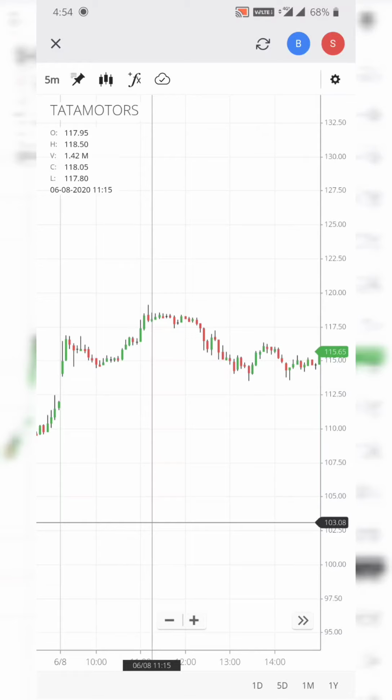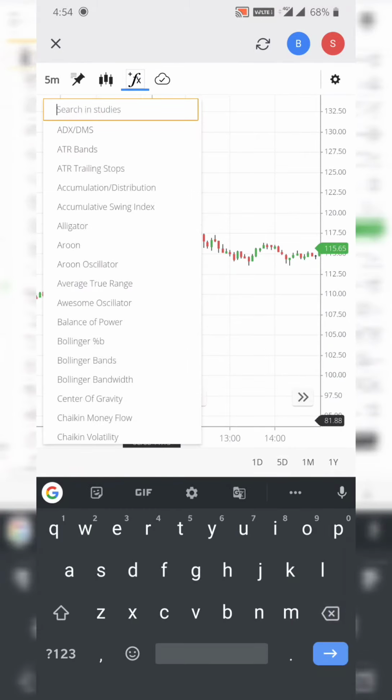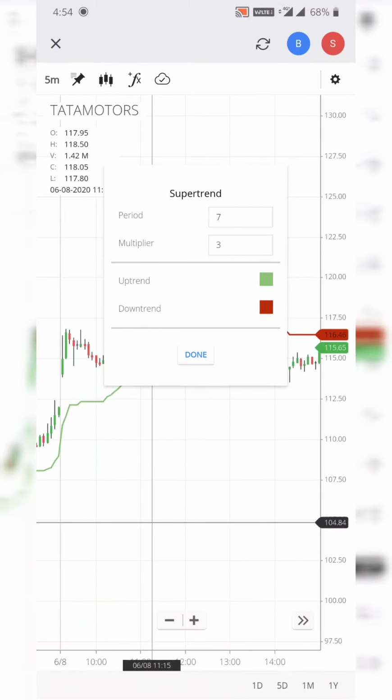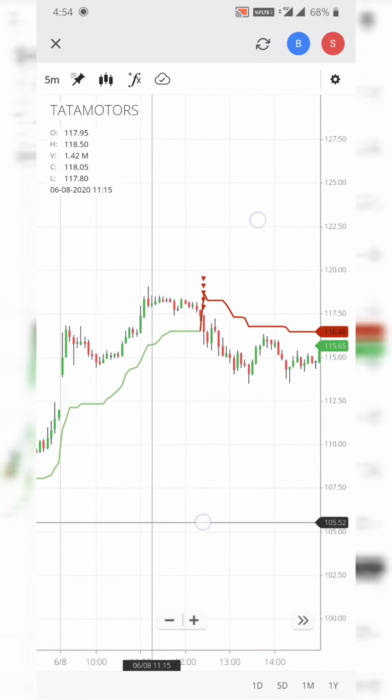indicators. Firstly, in the search bar we will choose the Supertrend indicator. For the settings, it is the default settings. You need not change any settings on this particular indicator. You will notice a green and a red line.